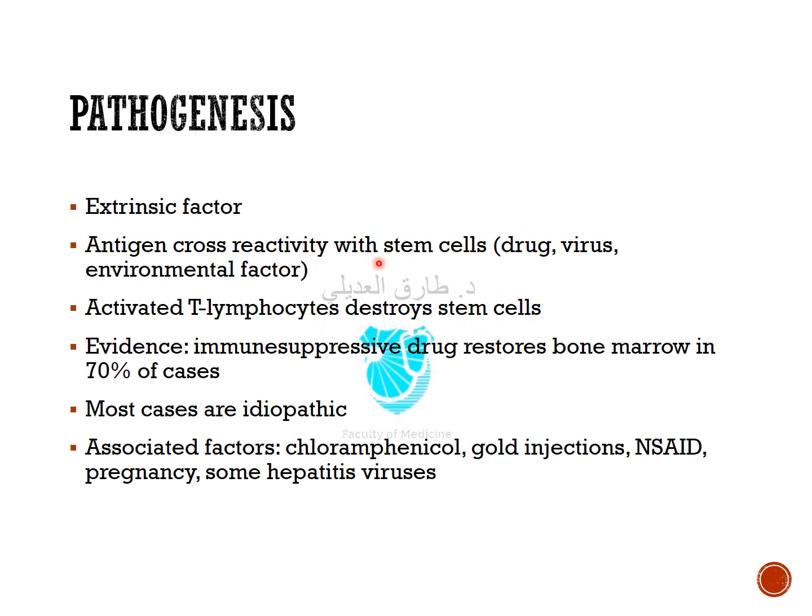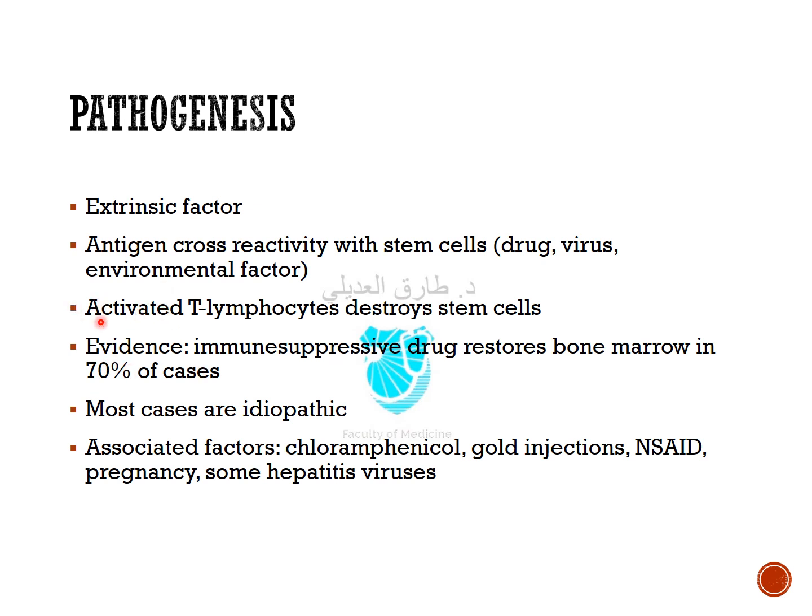The antigen seeds and binds the stem cell, and then the T lymphocyte identifies the stem cell as foreign and destroys it. This antigen can be a drug, a virus, or even a virus particle, or another environmental factor.